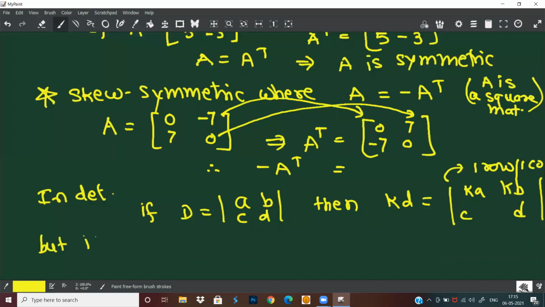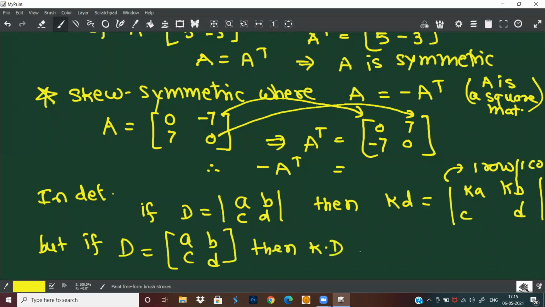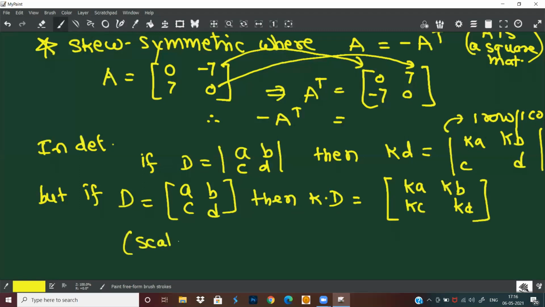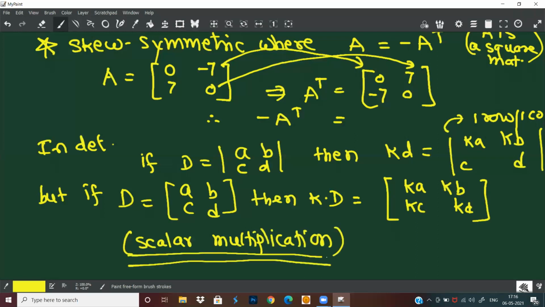But if I write D as matrix A, B, C, D, then if I want to multiply this matrix by K, it will be KA, KB, KC, KD. Understand the difference? Scalar multiplication. It is called a scalar multiplication. You will be multiplying each term by the same number, not any one row or one column like determinant.